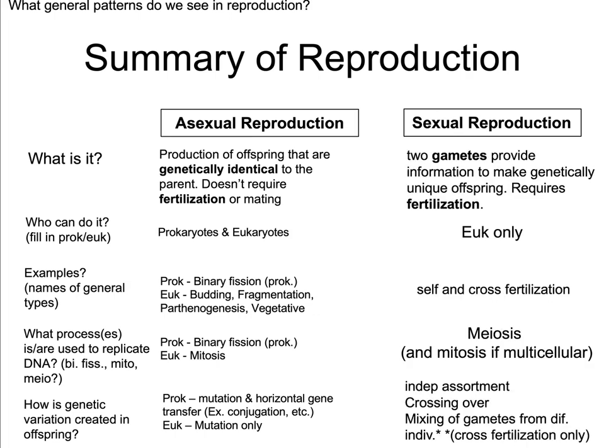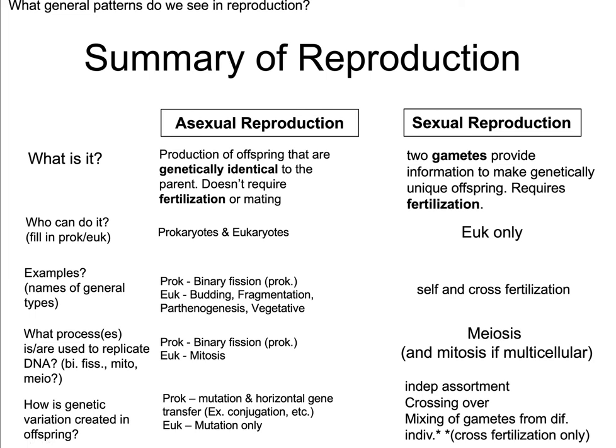All right, and these should have been your answers. Sexual reproduction is when two gametes provide information to make genetically unique offspring, and it requires fertilization. Only eukaryotes can sexually reproduce. Prokaryotes can't do it. The two main types of sexual reproduction are self-fertilization and cross-fertilization. When we talk about the processes involved, meiosis is the process that has to be involved in sexual reproduction.